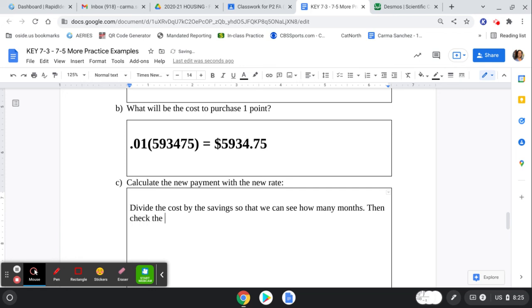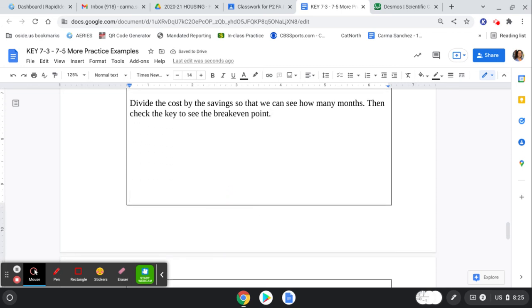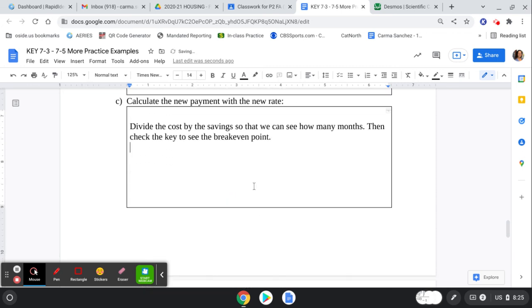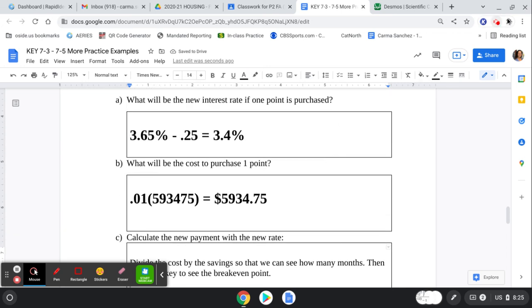Then check the key to see the break-even point. And the key is attached for you guys to check that, but I want you to try this last one on your own, okay? See how you do. Check that key.